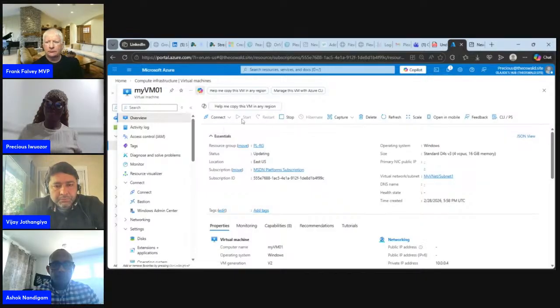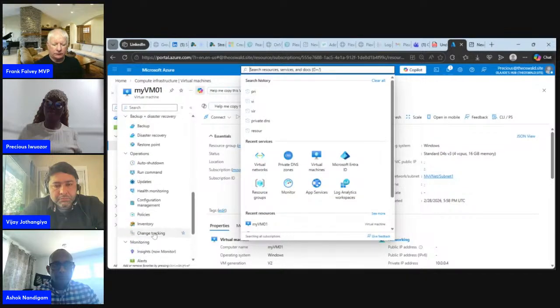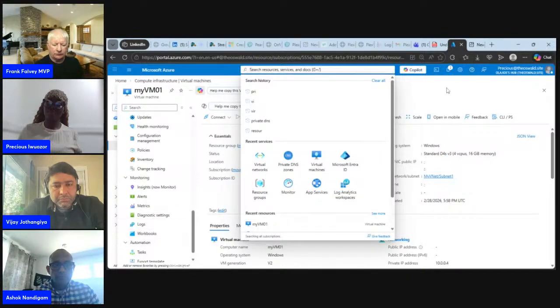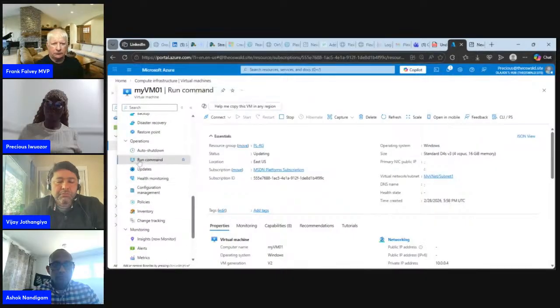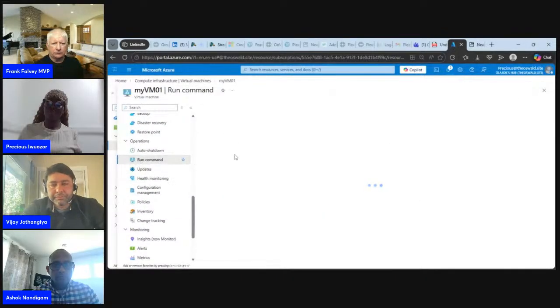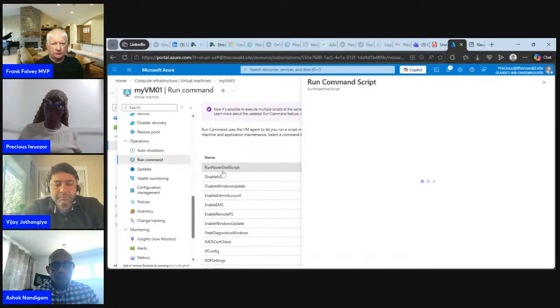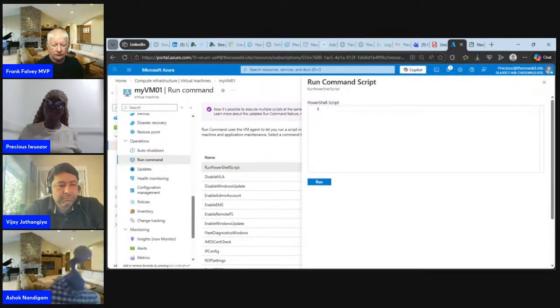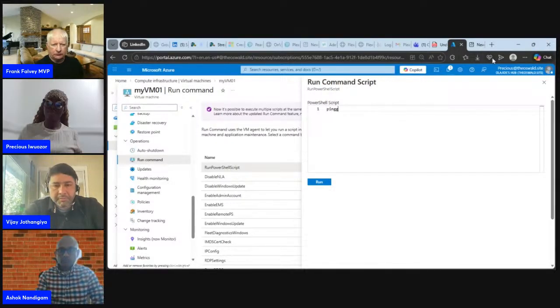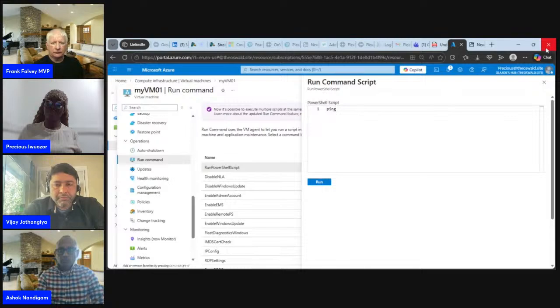But there is one way I confirm this. I come over here to this run command, and I run this PowerShell command. What I did was ping the domain name of my virtual machine.